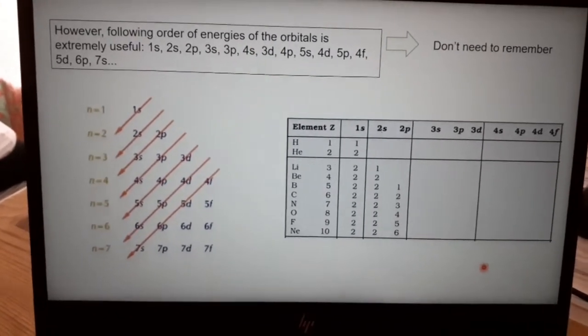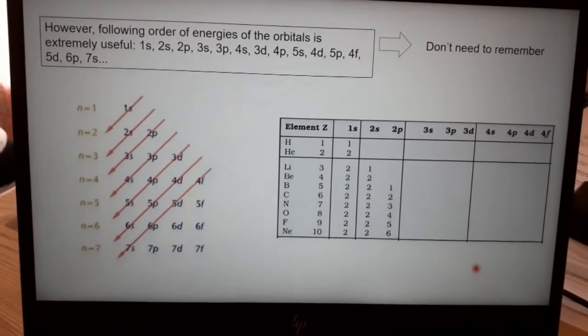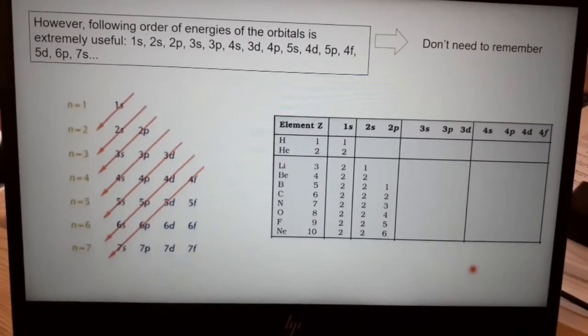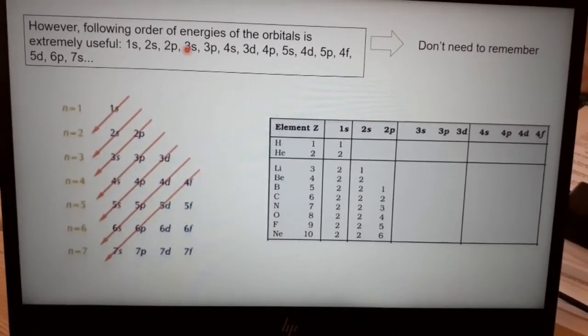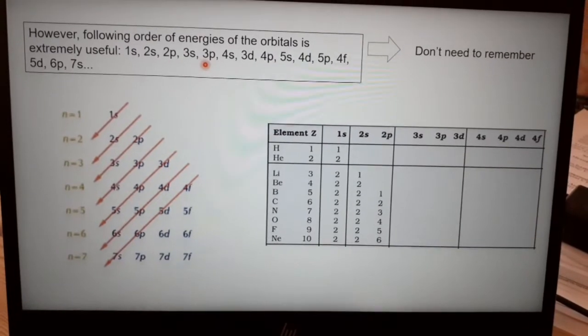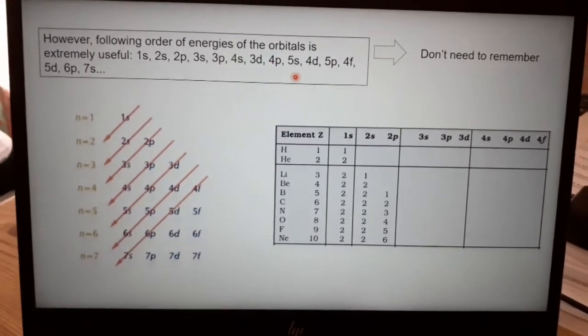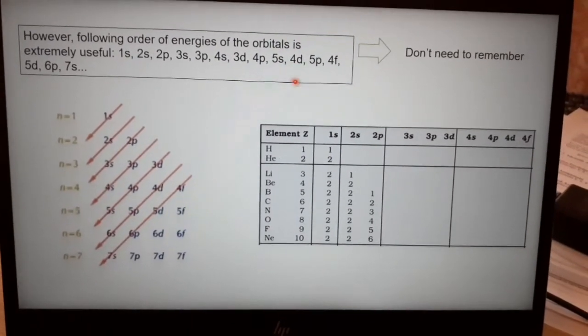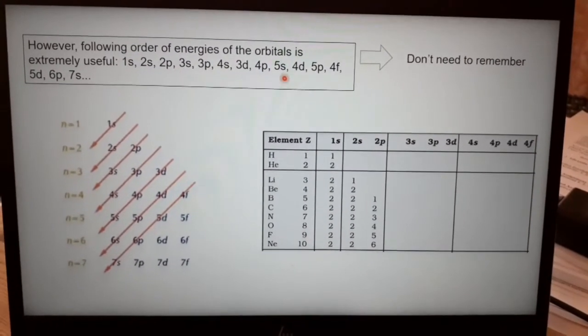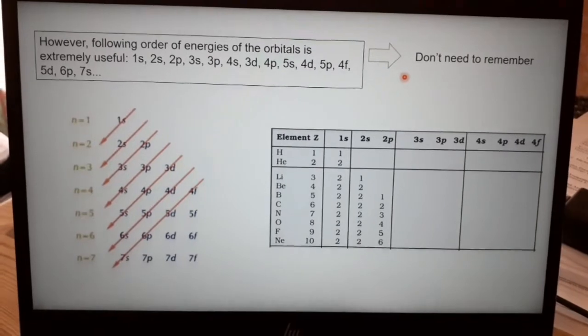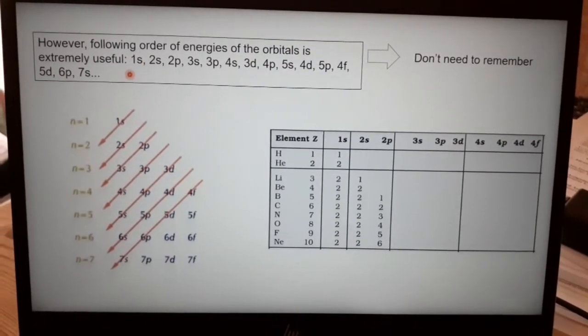In your textbook you also find that electrons fill 1s, 2s, 2p, 3s, and then 3p in this way. People try to remember or recapitulate this sequence, but I tell them, you don't need to memorize it.